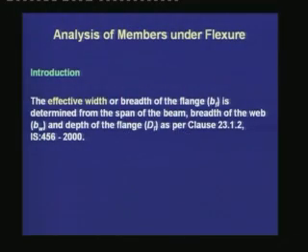The effective width of the flange is determined from the span of the beam, the breadth of the web, and the depth of the flange as per clause 23.1.2 of IS 456-2000. Under this clause, there are several expressions for different types of sections, which tells us how to calculate the effective width of a flange.